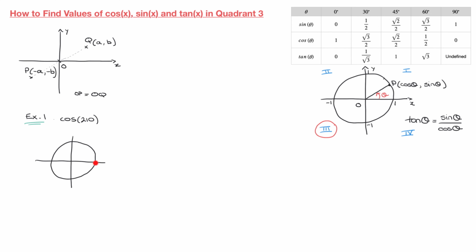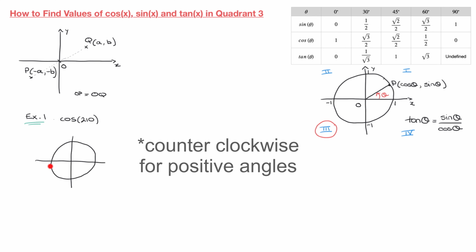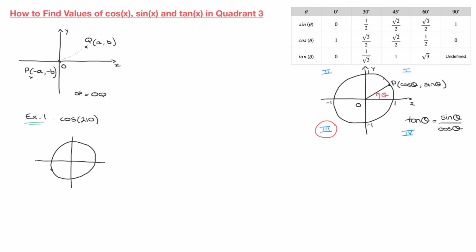So starting from this point here, moving along the circumference of the unit circle, 210 degrees would be roughly here. And so I draw my point P here on the unit circle. There we go, that's my point P. We'd have the radius OP right here, so that's O. And the angle made is therefore 210 degrees.